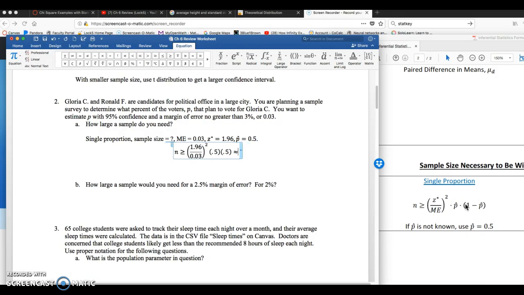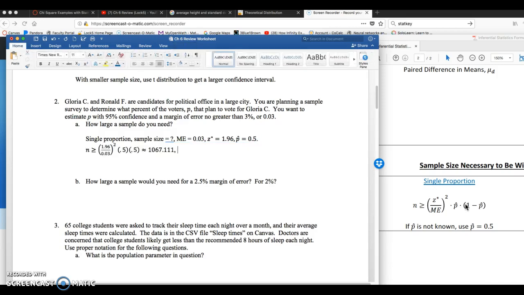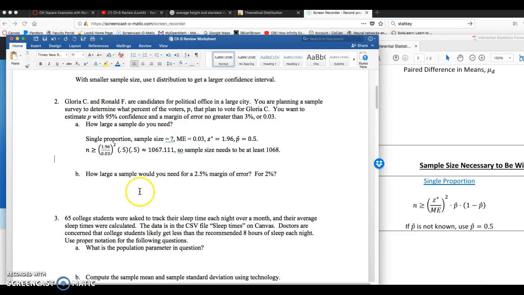And I'm going to plug this in my calculator: 1.96 divided by 0.03, squared, times 0.5 times 1 minus 0.5. I get 1067.11. But this means that the sample size needs to be at least 1068. You're always going to go up to the next size sample.